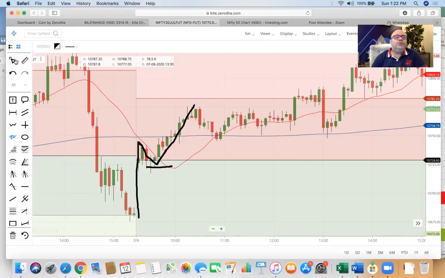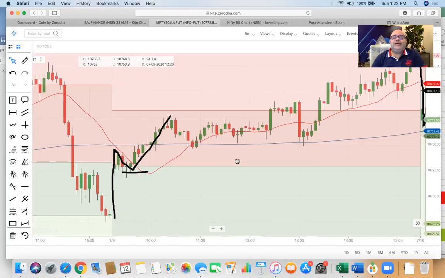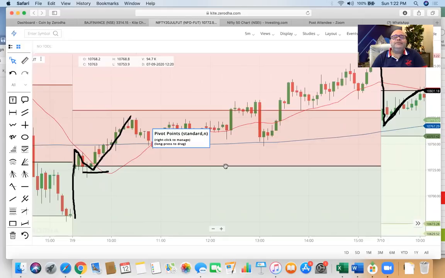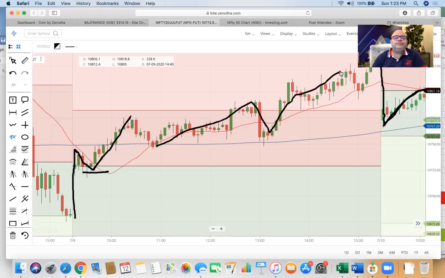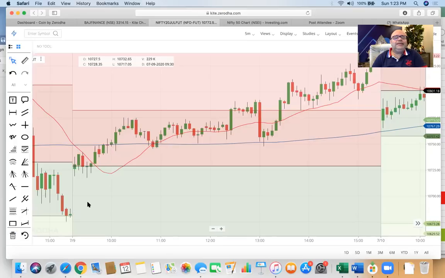Somebody else can take this as an N pattern. So it's all a matter of how you look at things, but the best patterns are the ones where you don't have to recognize anything.